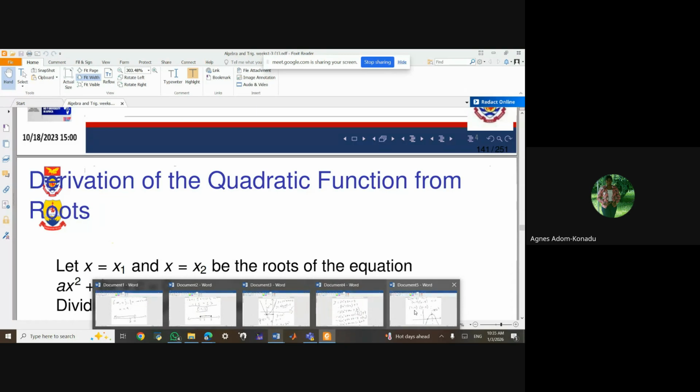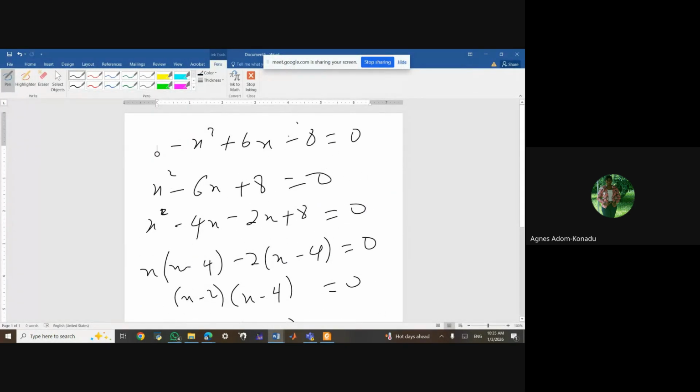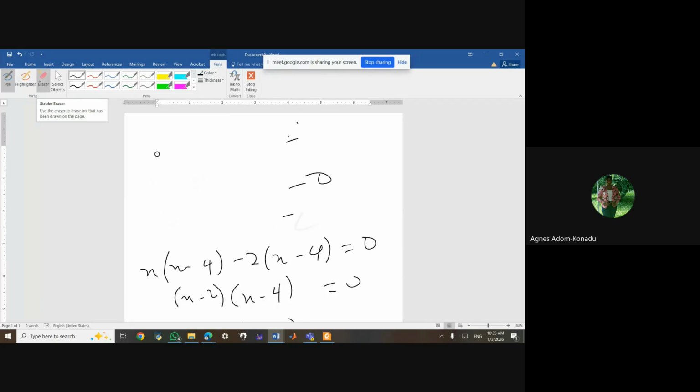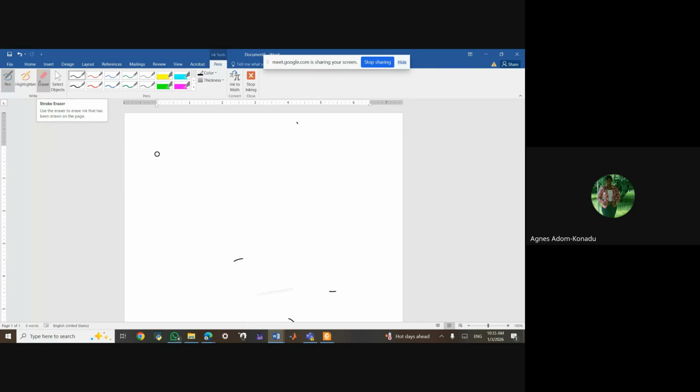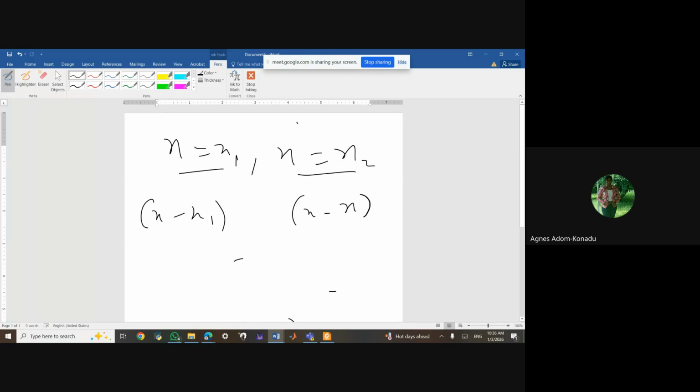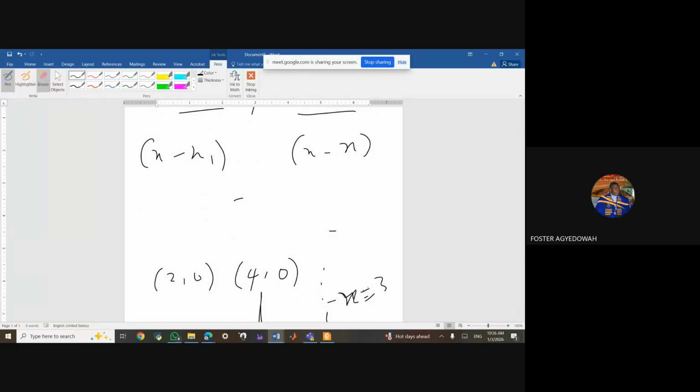So if I have the roots to be x equal to x1 and x equal to x2, and I want to write it in the factor form, this one is x minus x1, and this is x minus x2.